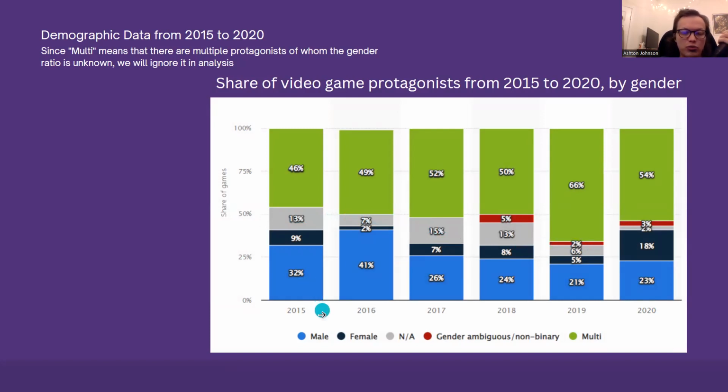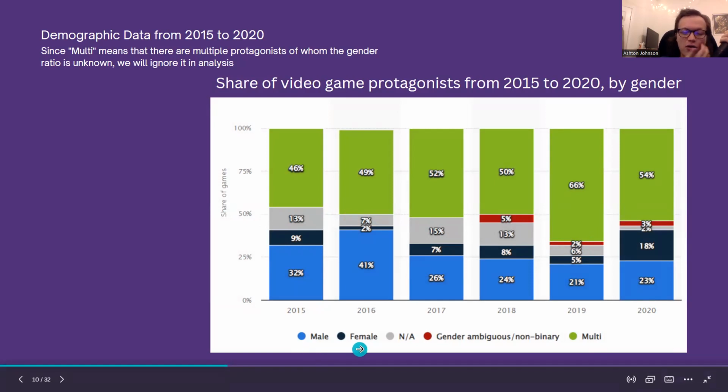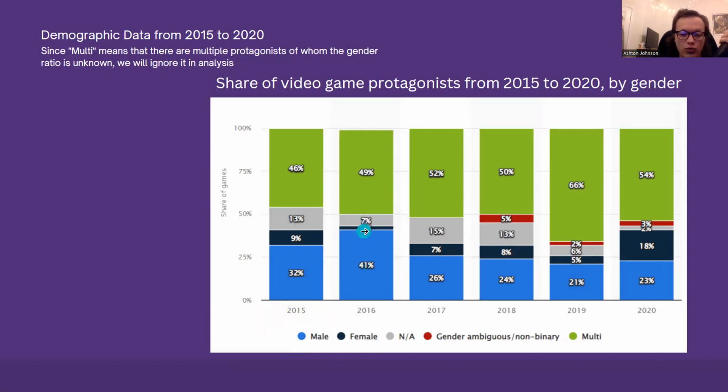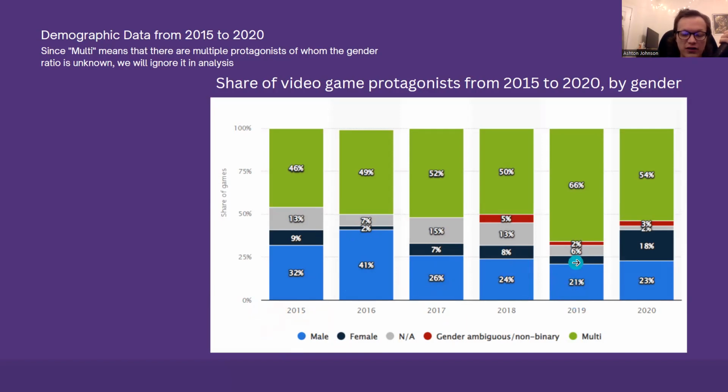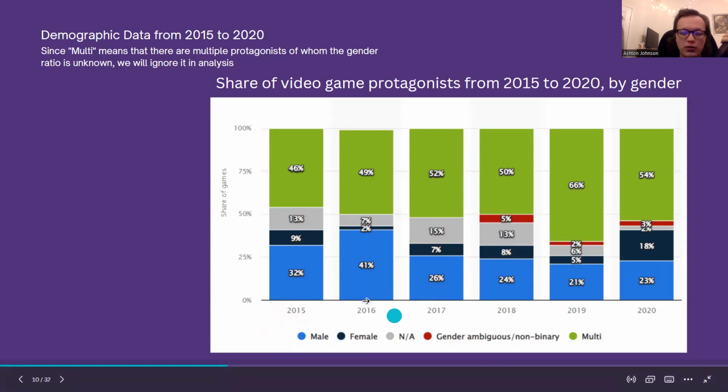Then if we look at proportions of male to female protagonists, we'll see that in 2015 we start with 32 to 9, which horribly decreases to 41 to 2 in 2016. But then we see a general following of 2015 for the next 3 years: 26 to 7, 24 to 8, 21 to 5, generally the same.